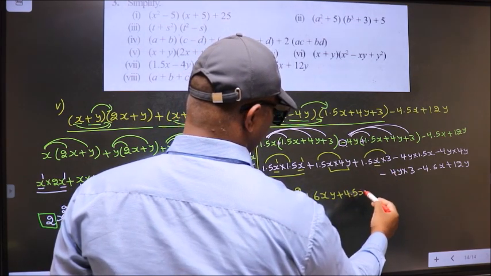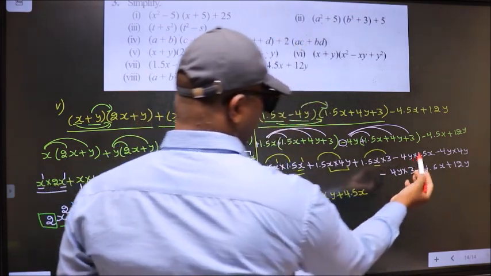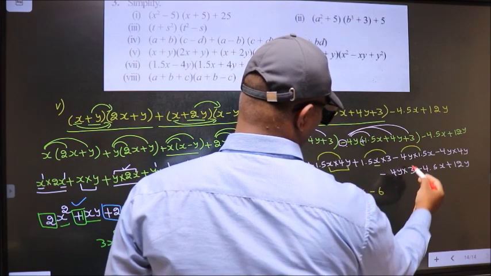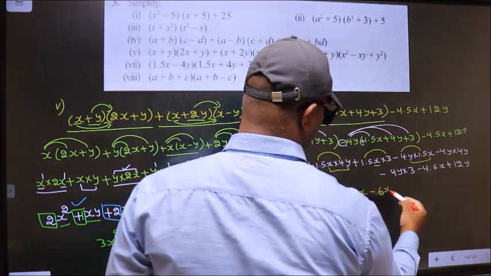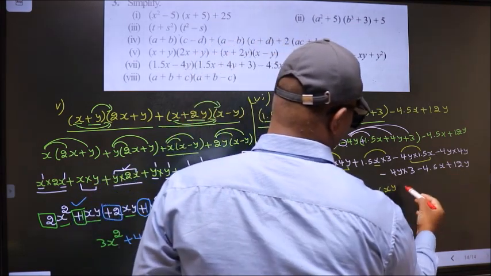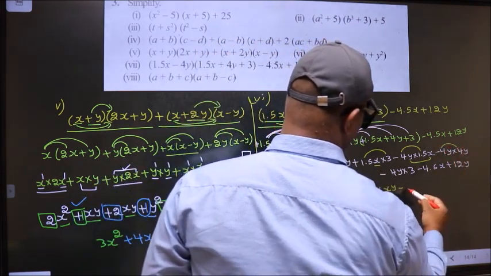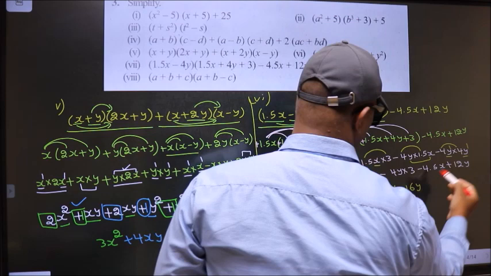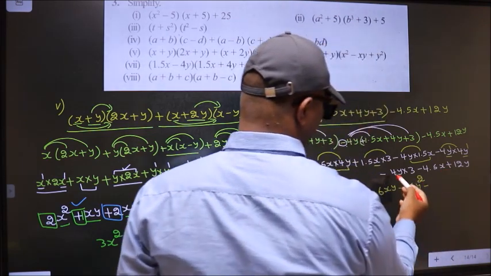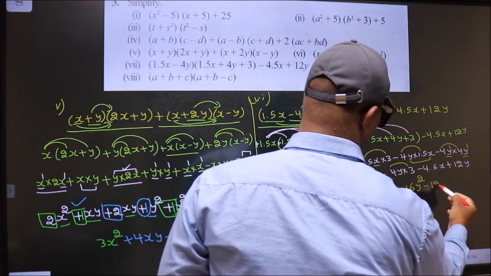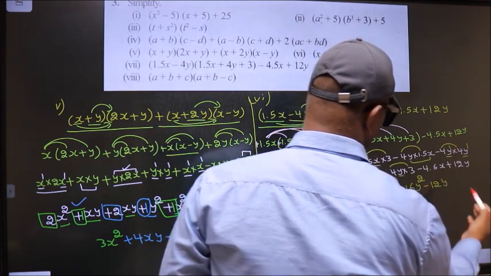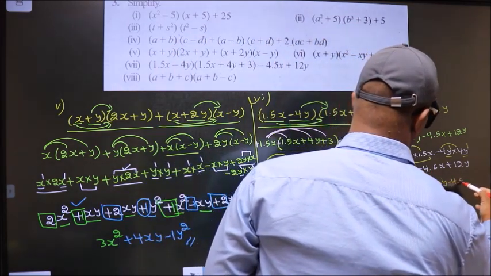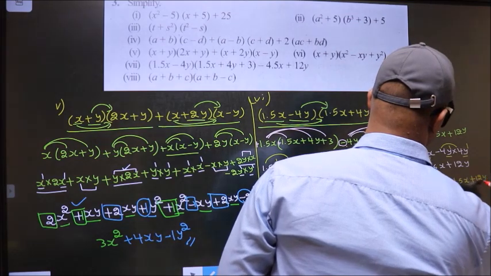Letter x is present only once, so x. Now here minus 4 into 1.5 is 6. Letters are different, so you write as it is. Now here minus 4 into 4, 16. Y, write here y, power, add the powers, 1 plus 1, 2. Minus here numbers 4 into 3, 12. Y appeared only once, so write y. Here no change. 5x plus 12y.